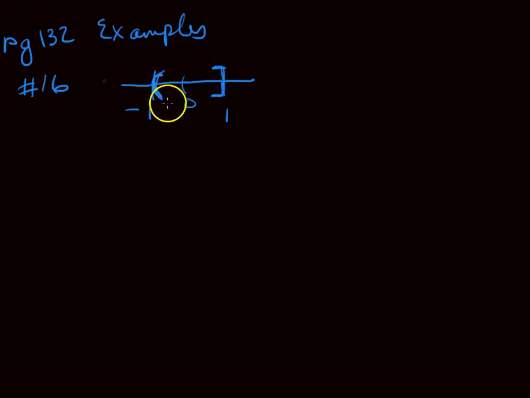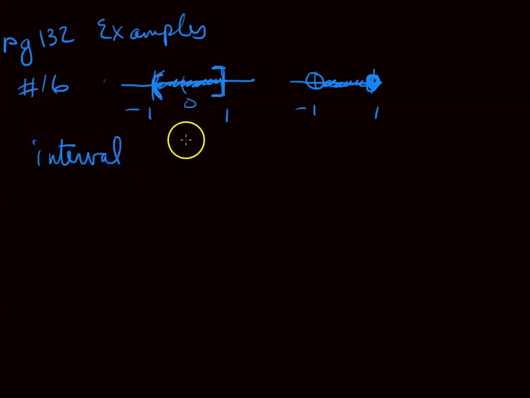Now they're using the parentheses and the square bracket. I guess I prefer the open circle and the closed circle. But they also want everything in between. Means the same thing. How do you write this in interval? Well, this method really shows you.